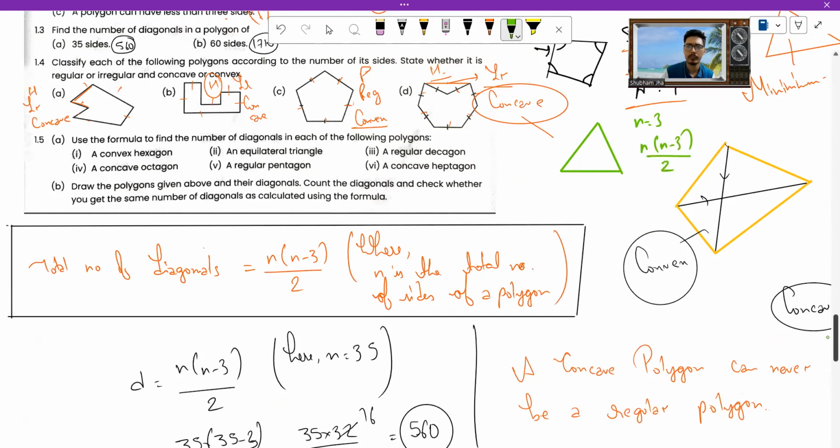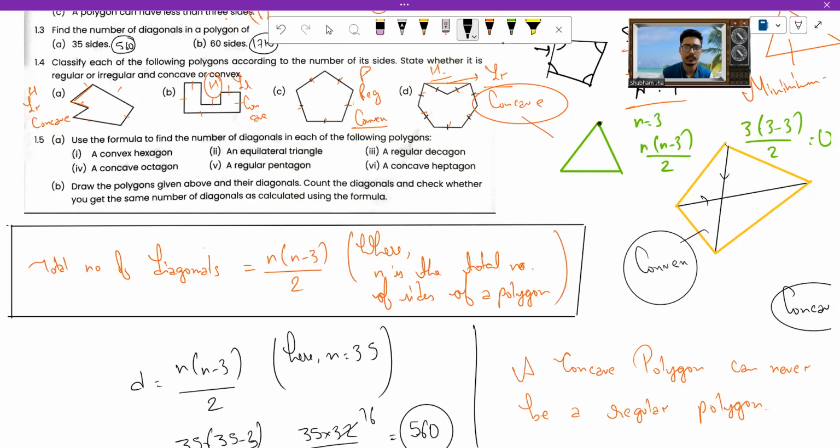That is 3 into 3 minus 3 upon 2, which is 0, because 3 minus 3 is 0. Anything multiplied or divided by 0 is 0. Now if you look closely, what is a diagonal? What are the characteristics of a diagonal? It is a straight line that connects two non-adjacent vertices.